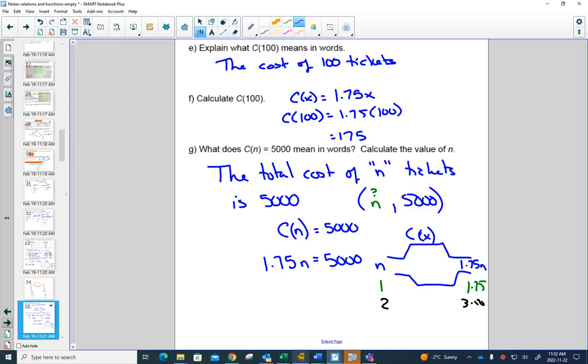What would you have to do to this equation to get the N by itself? Right, the opposite of multiplying by 1.75 is dividing by 1.75. Take out our calculators. 5,000 divided by 1.75.